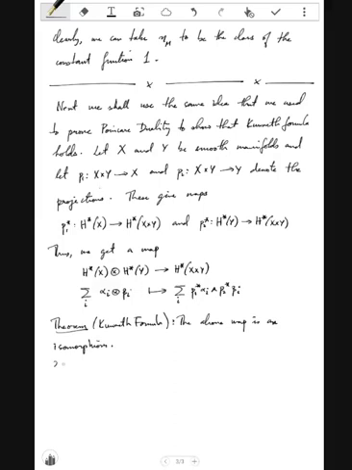So proof. We will prove the theorem in the case when X has a finite good cover.